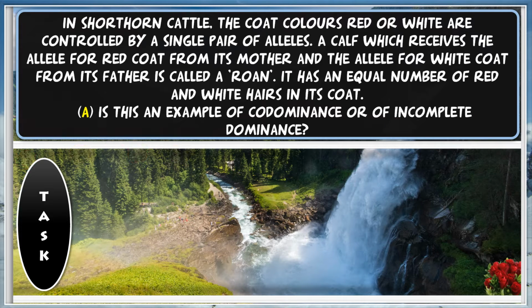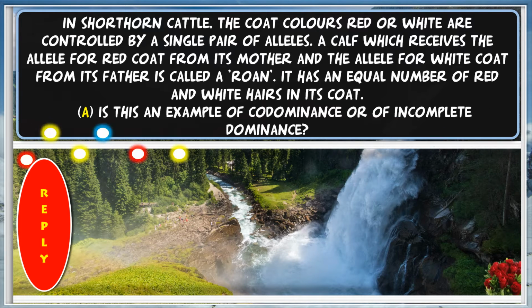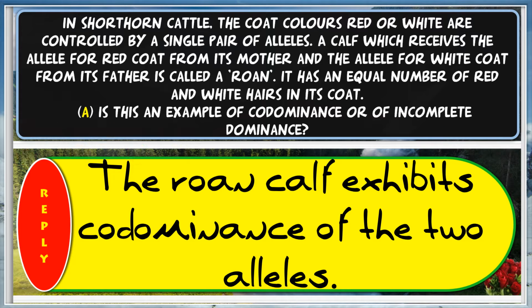Part A. Is this an example of codominancy or of incomplete dominancy? The roan calf exhibits codominancy of the two alleles.